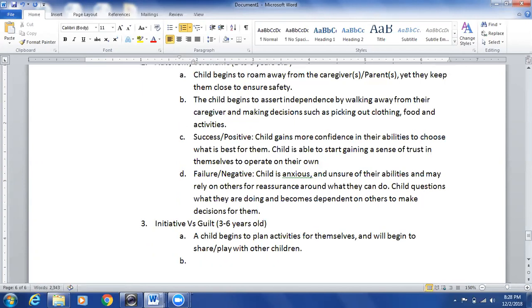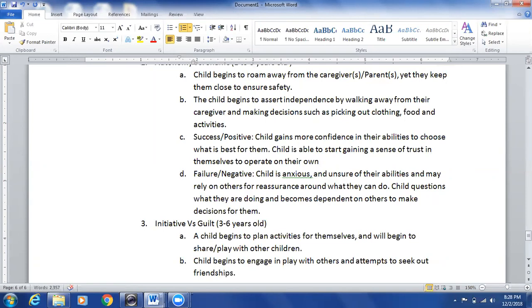Or the child begins to engage and play with others in attempts to seek out friendships.